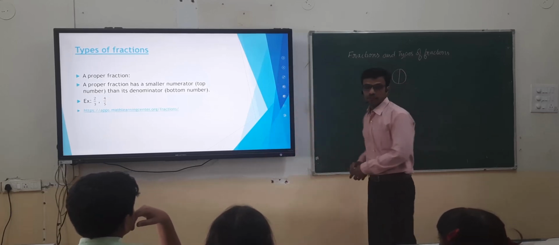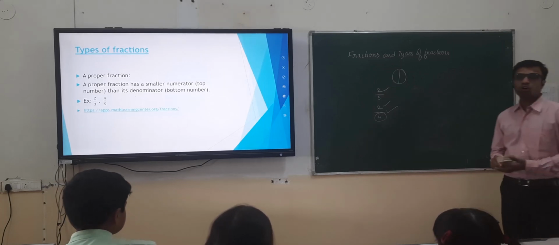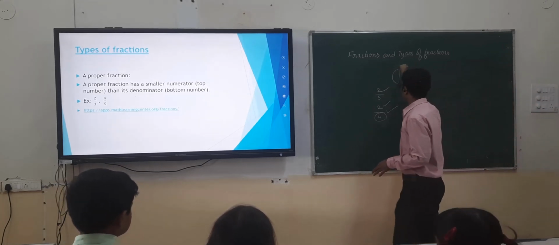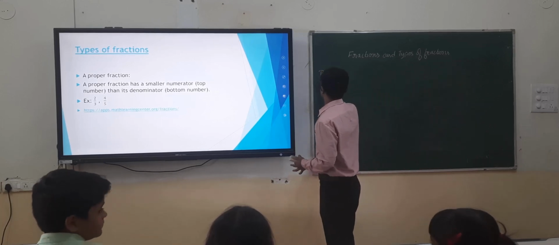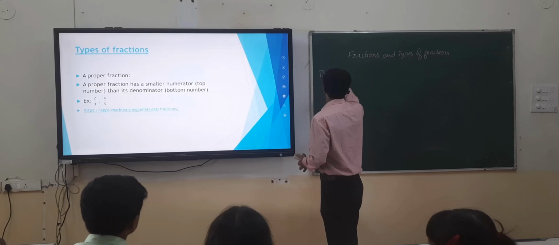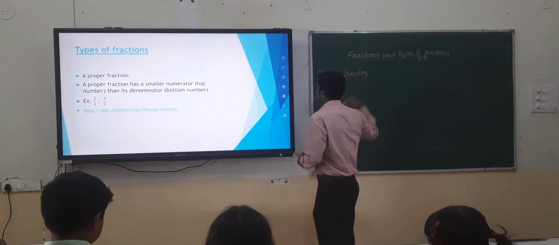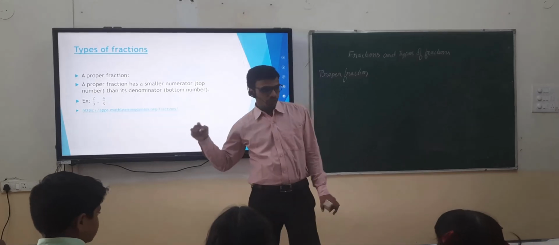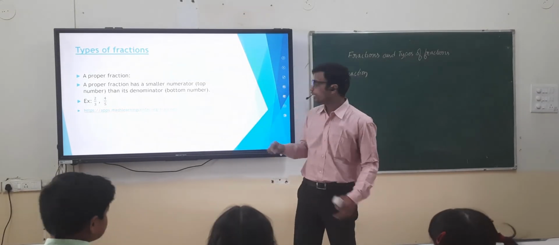Now coming to the types of fractions. In that, first we have what? Proper fraction. To understand the meaning of proper fraction: in a fraction we get one top number and one bottom number. That we call numerator and denominator.